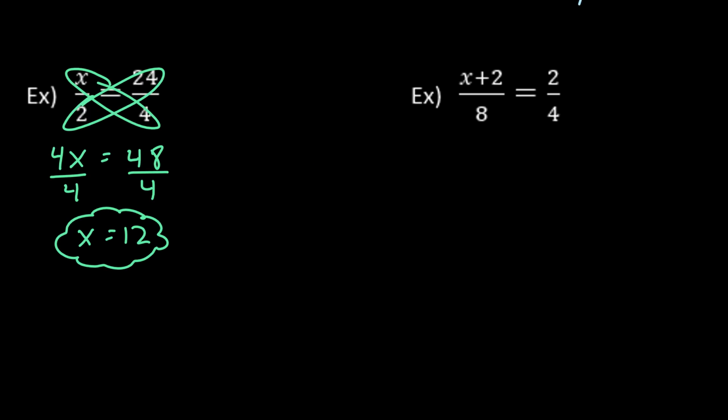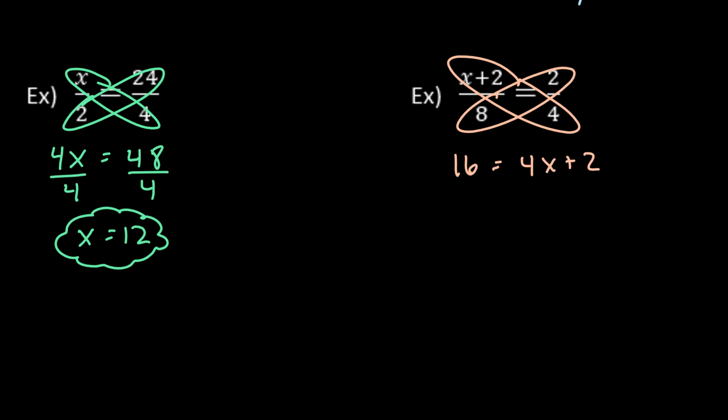All right, guys. How do we now solve this second example? You cross multiply again. So we're going to multiply 8 times 2 and we get? And then multiply 4. Now, how am I going to write this? Should I write 4x plus 2? 4x plus 8. I need to remember that the 4 is being multiplied by both the x and the 2, right?